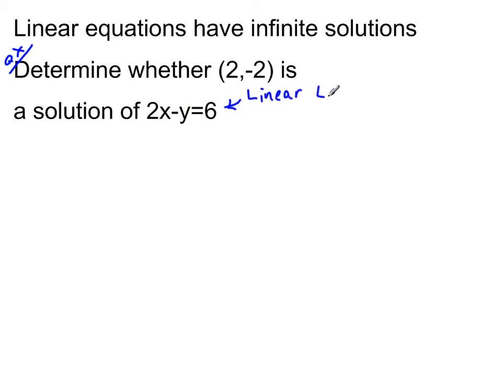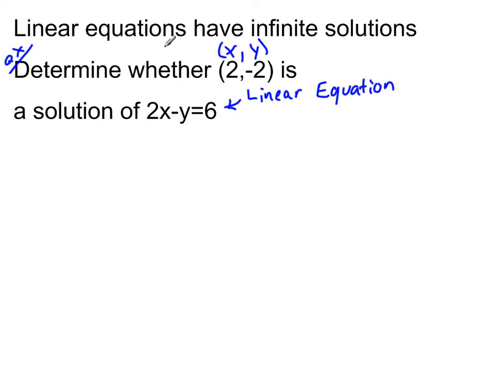And what this question particularly is asking us to do is find whether (2, negative 2) is a solution of it. Pretty much, when they give us an ordered pair, it always follows alphabetical order. So we have x and y here. X is first, then y. And we're being asked if this ordered pair is a solution. It's kind of fancy talk for plug and chug.